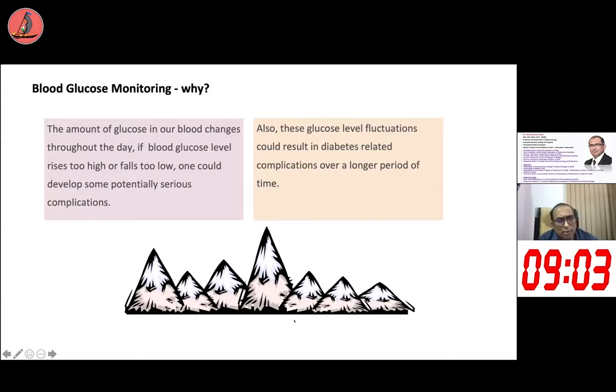It provides patients with instant feedback on the effect of various foods, various exercises, and whenever there's a stress or any medication change. Immediate feedback is provided, and this can help clinicians and patients in fine-tuning their schedules and medication use.